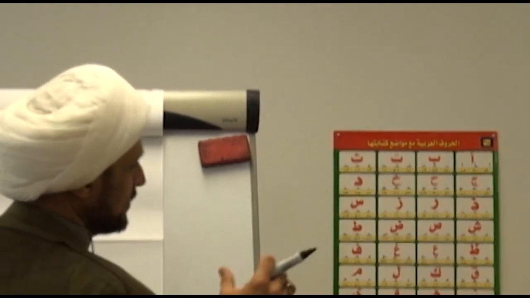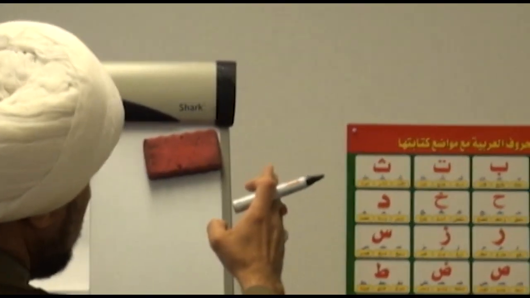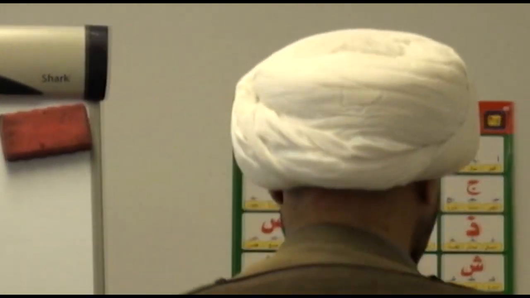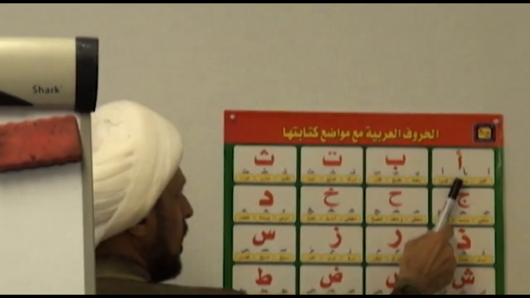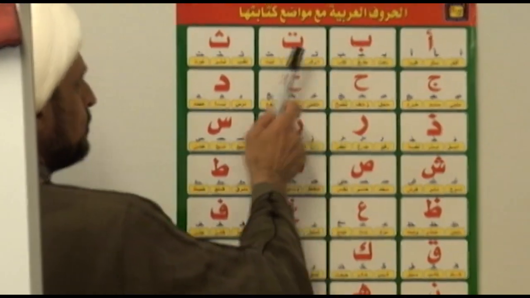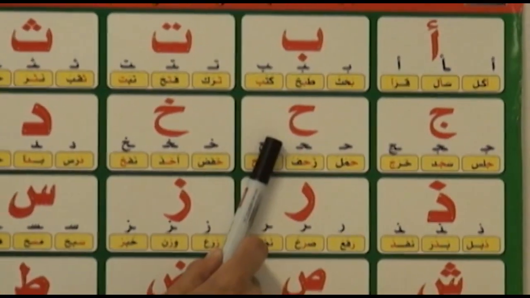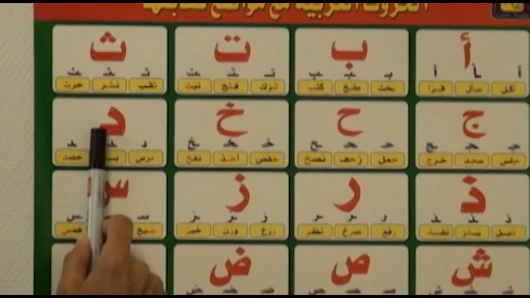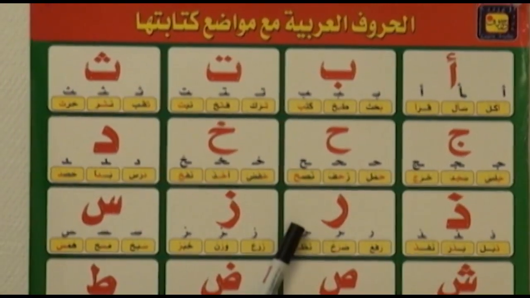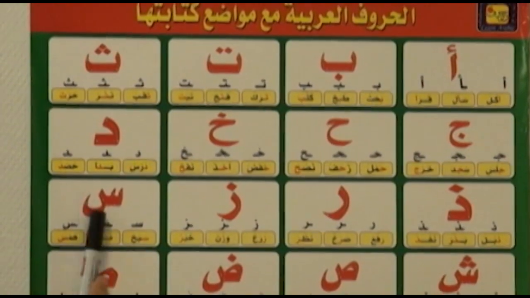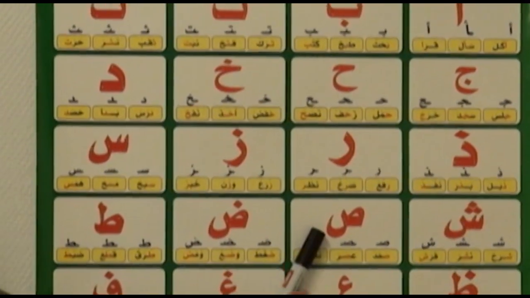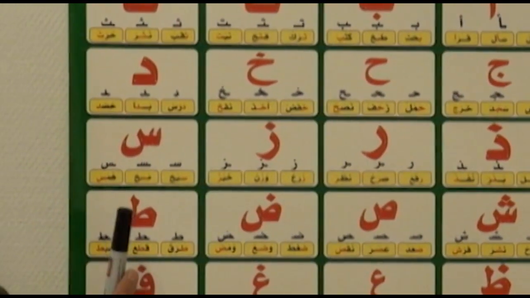I'm going to say it with the fatha form. A, ba, ta, tha, ja, ha, kha, da, dha, ra, za, sa, sha, sa, ba, ta.